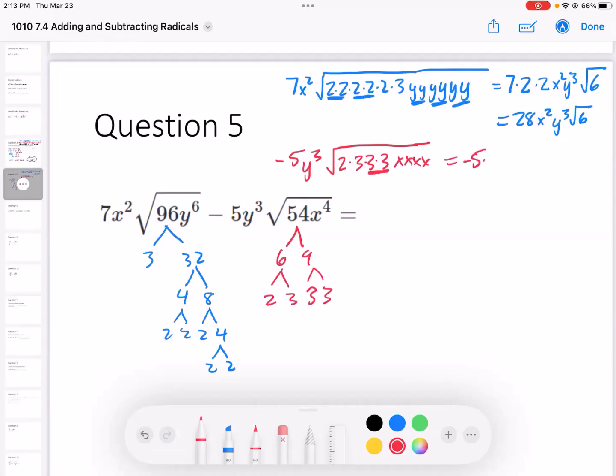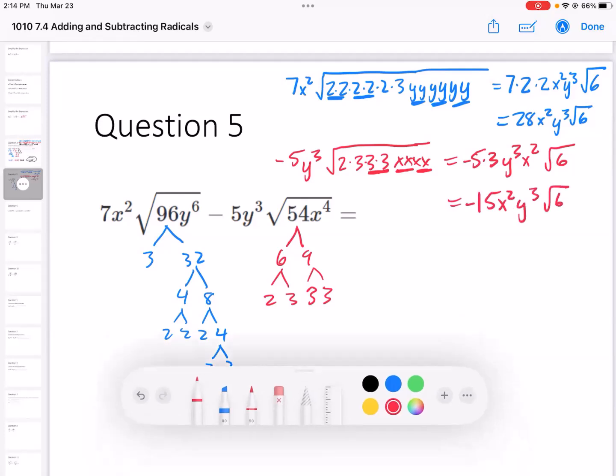So I'll get negative 5 times 3. Then I have the y cubed. Then I also have 2 x's, because when I square root x squared and another x squared, I'll get 2 x's. So I'll have x squared like that. And then I'm left with the square root of 6, because the 2 and the 3 still stay in there. And so this is going to equal negative 15 x squared y cubed square root of 6.